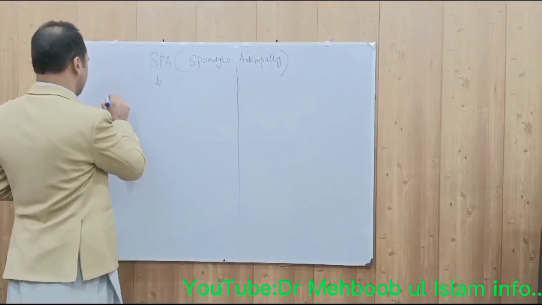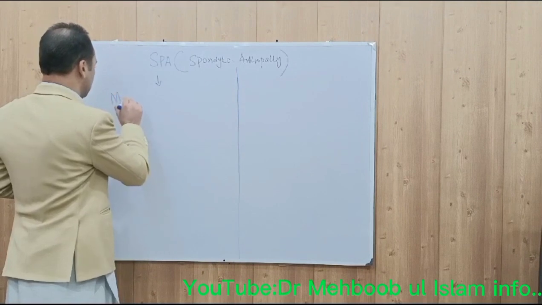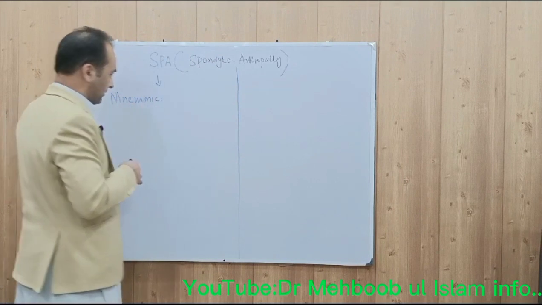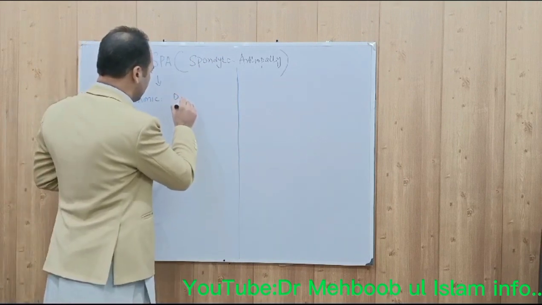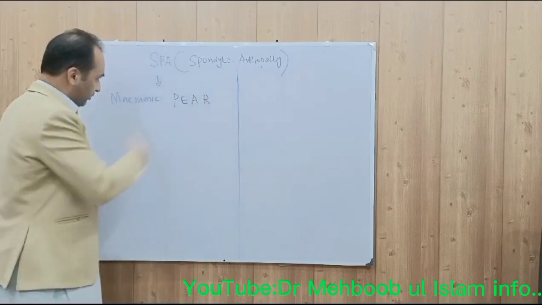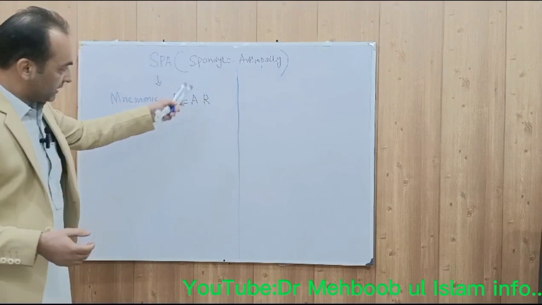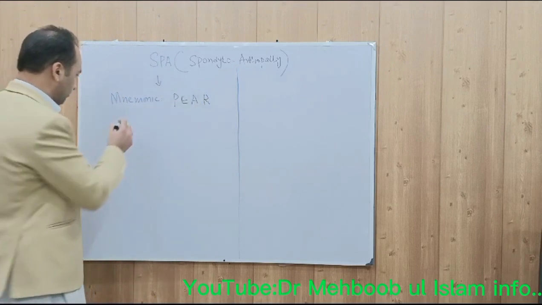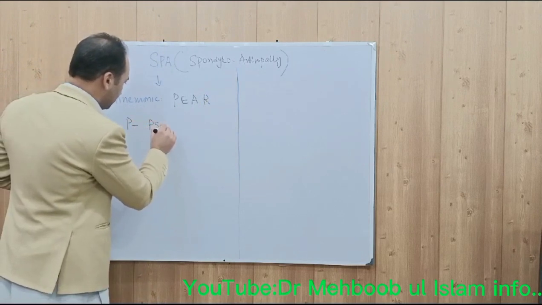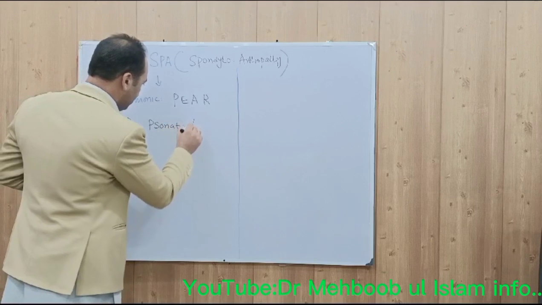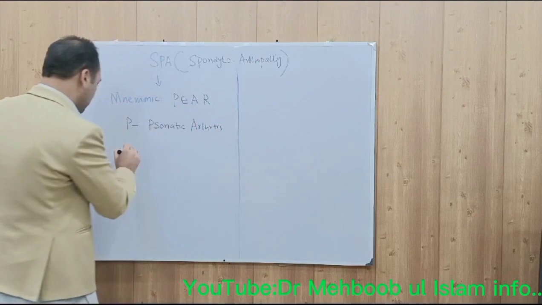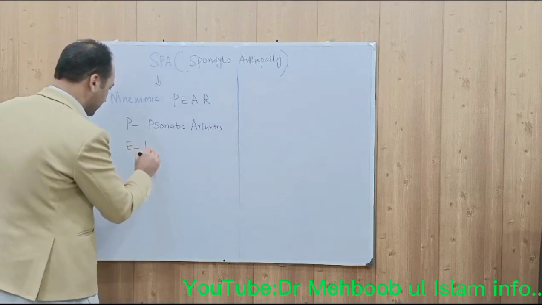Which mnemonic? PEER. P E E R. Now we will see what is P, what is E, what is E, what is R. P means psoriatic arthritis. E means enteropathic arthritis.